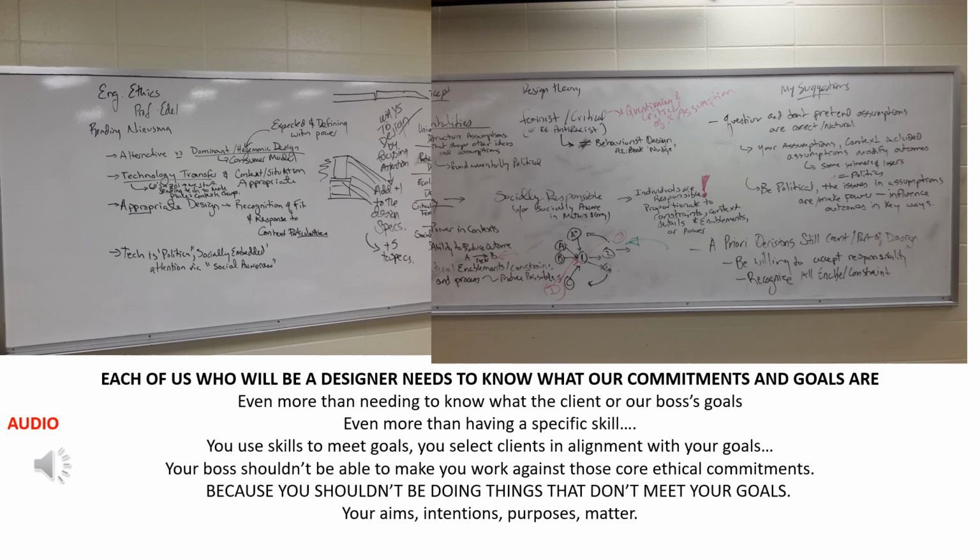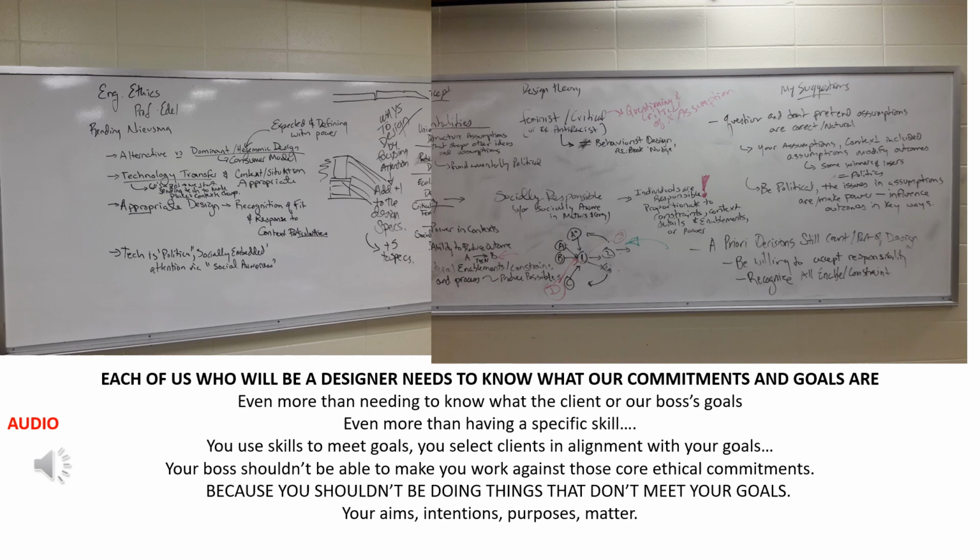You select the clients who you can do work that you can be proud of. You select the boss sometimes because it's the only boss you're able to get, but you select your boss because they're not going to make you do something you think is fundamentally evil. You're going to pick jobs and projects that are aligned with those goals.